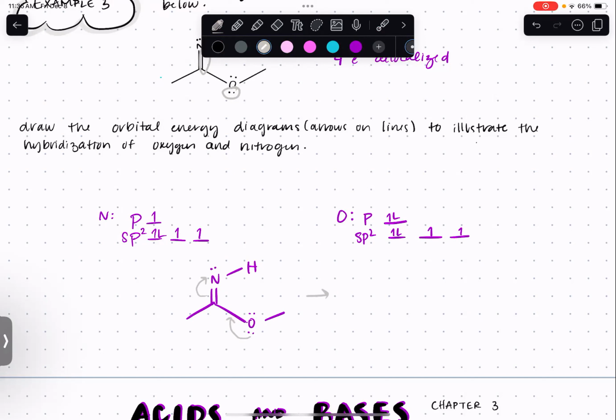So we would end up with a double bond here, a single bond here, and my nitrogen would have two lone pairs and a negative charge. And this oxygen would have a positive charge.